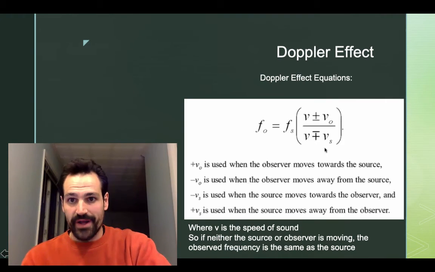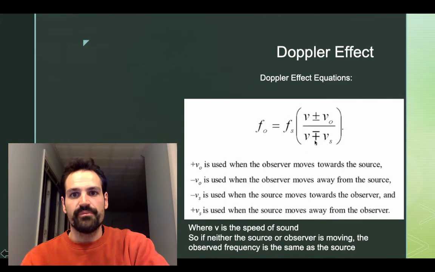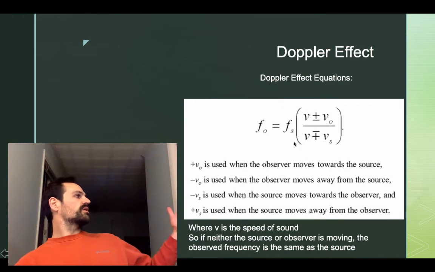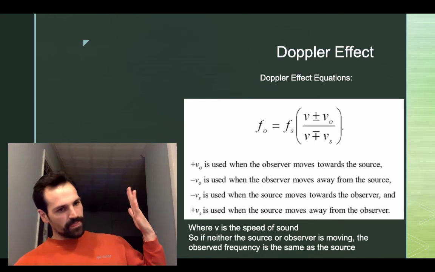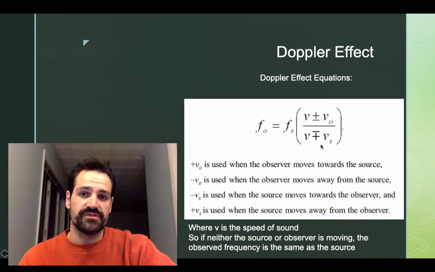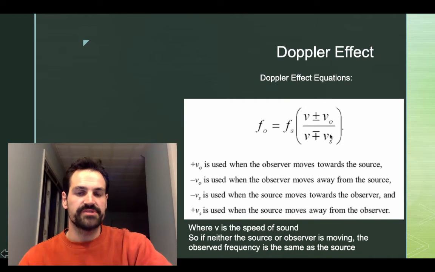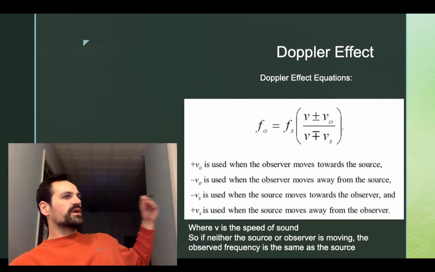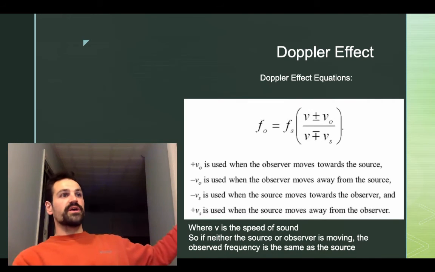Now, as far as the source, whether you use plus or minus, well, we can again think of it intuitively. If a car is traveling towards me, the source of the sound, it's going to have a velocity. So if I'm standing still and now the source is traveling towards me, it's going to have a higher frequency, right?